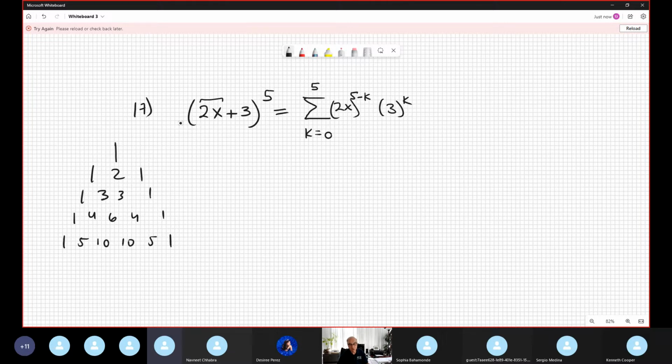You expand for k equals 0. For k equals 0, I forgot, important, the coefficient n choose k in the formula for the Newton.